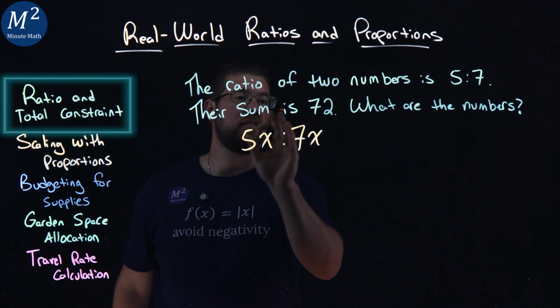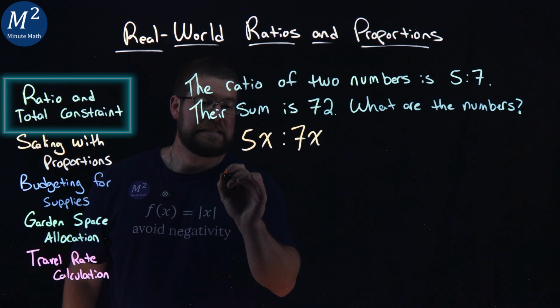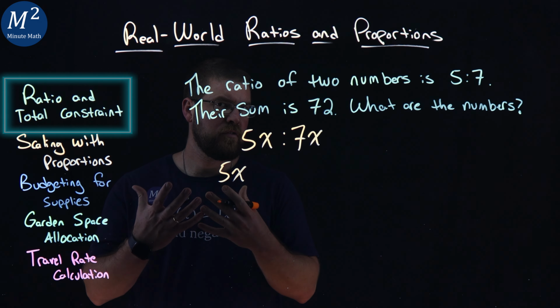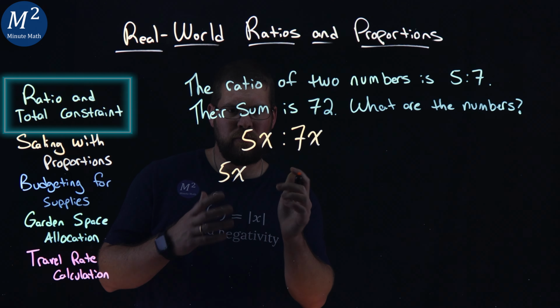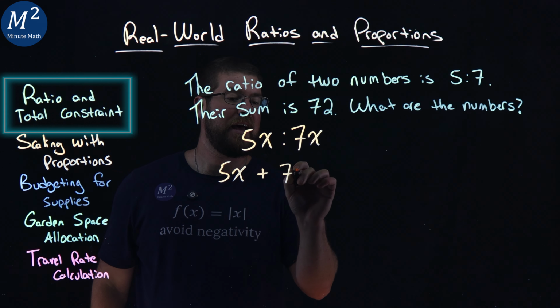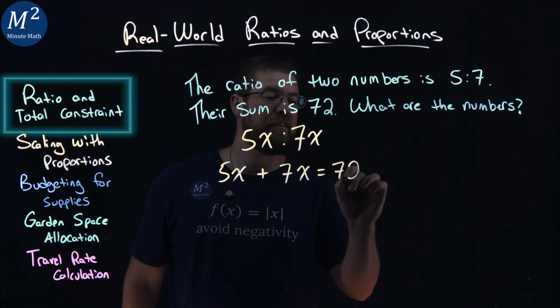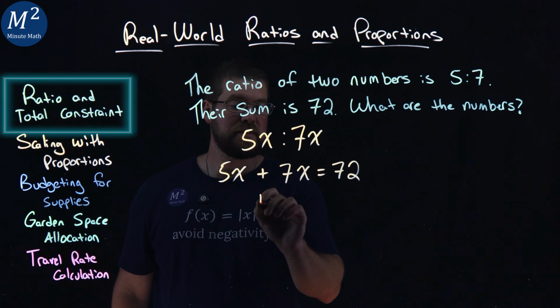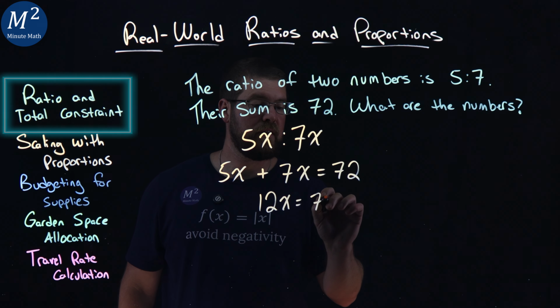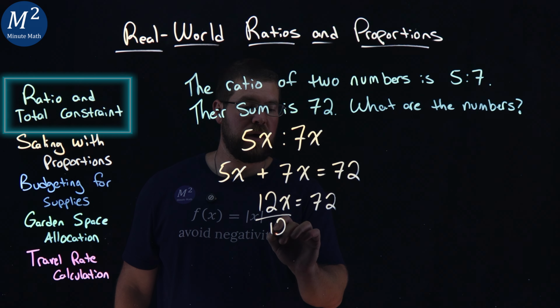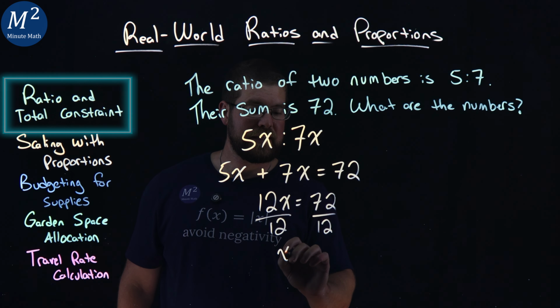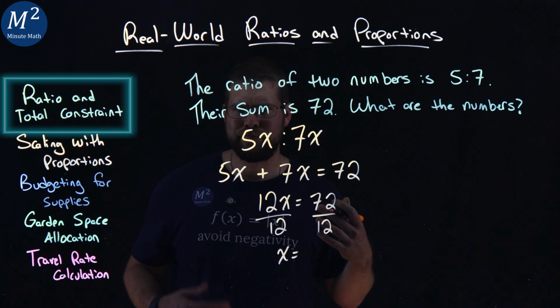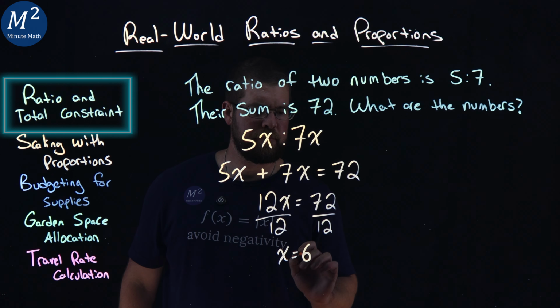Now, they tell us here that the sum is 72. So we can say 5x, the first number, plus 7x has to equal 72. Now we can solve for x. 5x plus 7x is 12x, equal to 72. Divide both sides by 12, and x equals 72 divided by 12, which is 6.